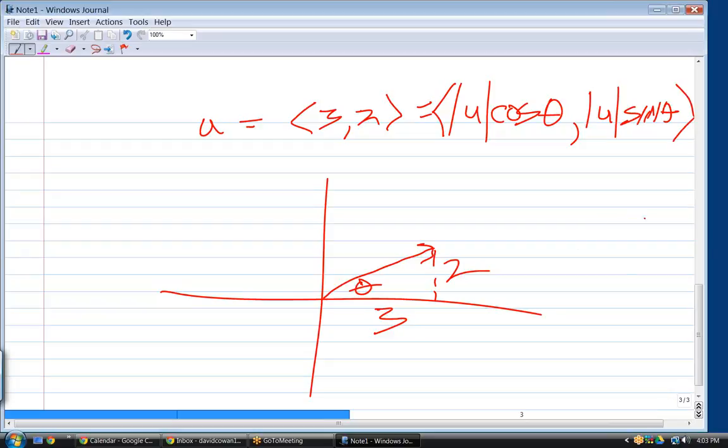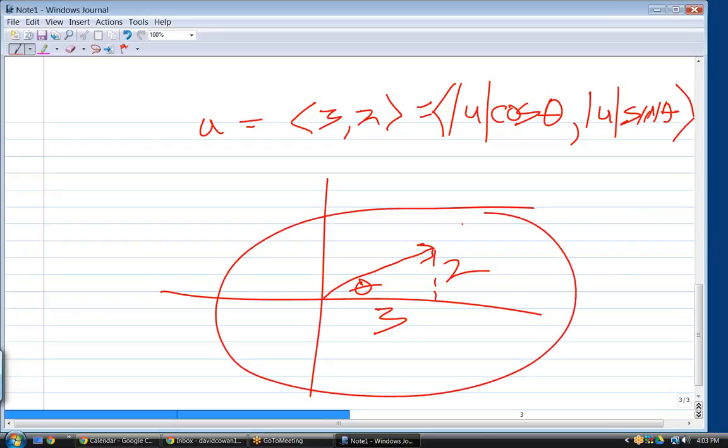Well, notice that that's the same thing that I've written with this picture, only it's much easier with the picture to just take the inverse tan of 2 over 3 rather than to go through this long complicated thing. But notice it's the same thing because the magnitude of u is this measurement right there. In other words, the magnitude of u is root 13.